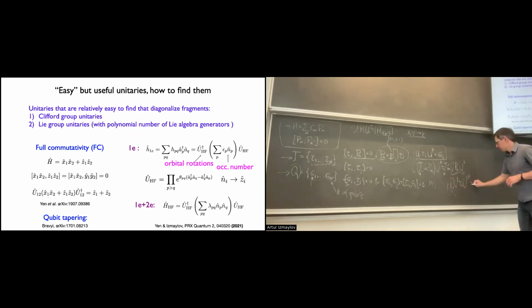And then this will be a prefactor times a product of sigmas. The sigmas are on different qubits, and they all commute either with themselves or with each other.